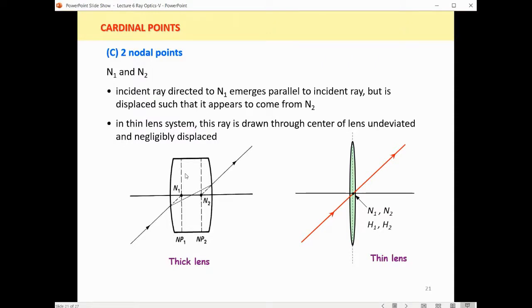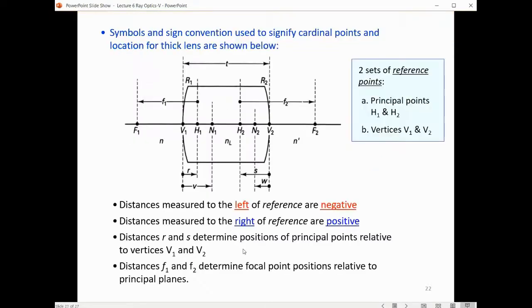And the planes that pass through the nodal points perpendicular to the optical axis are called the nodal planes. In the case of a thin lens, the nodal points as well as the principal points all coincide at the mid-plane and center of the thin lens.